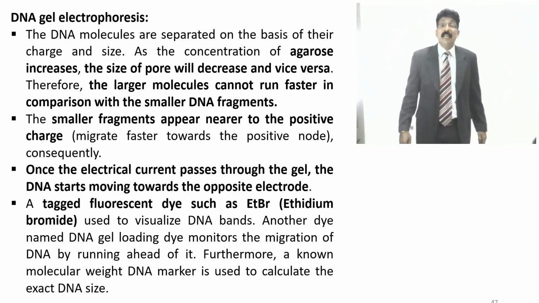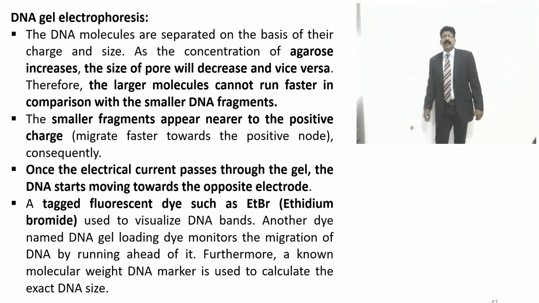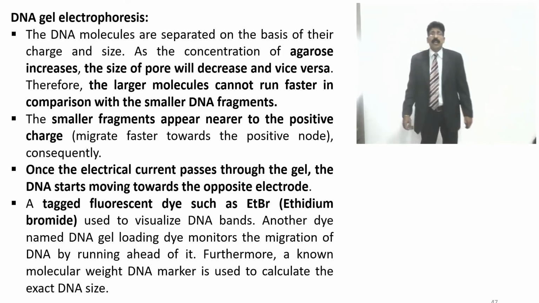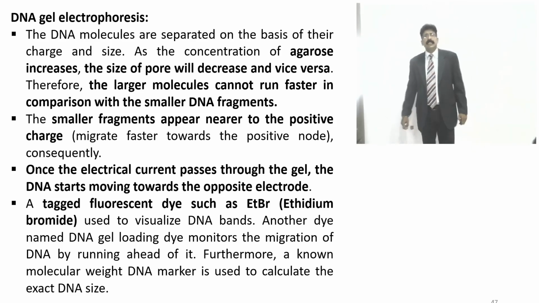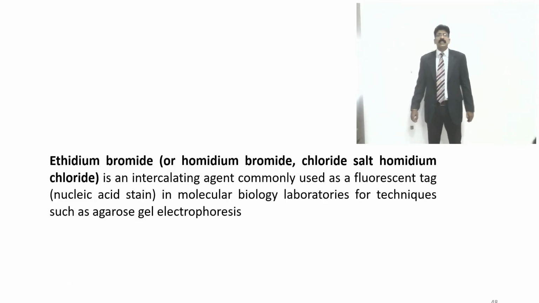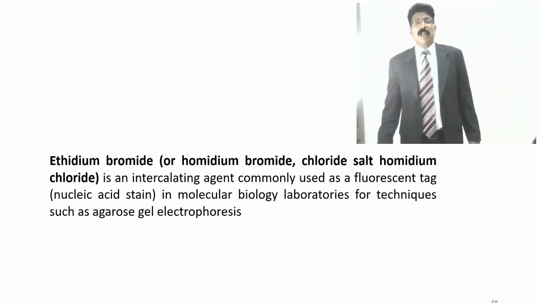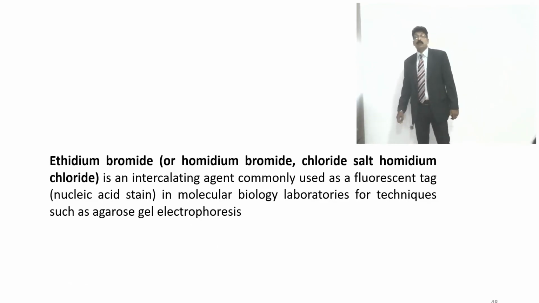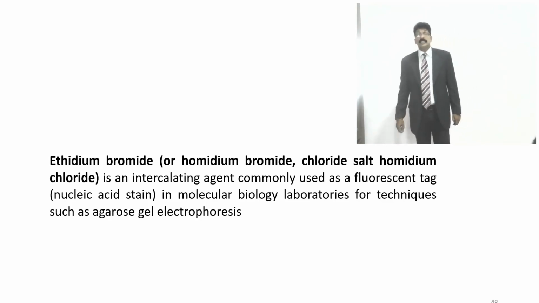Another dye, the DNA gel loading dye, monitors the migration of the DNA by running ahead of it, and furthermore a known molecular weight DNA marker is used to calculate the exact DNA size. So you can see here ethidium bromide, or homidium bromide or chloride salt. Homidium chloride is an intercalating agent commonly used as a fluorescent tag, a nucleic acid stain, in molecular biology laboratories for techniques such as agarose gel electrophoresis.